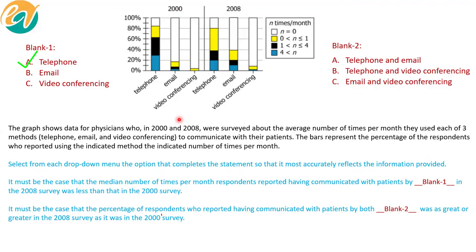Now, which was greater in, so percentage of respondents who reported having communicated with patients by both. Now, this needs explaining. Can you tell me what percentage of respondents used email in 2008? 40%.